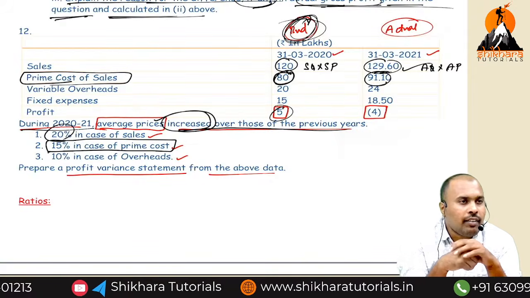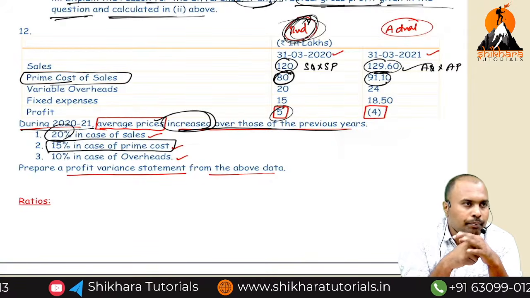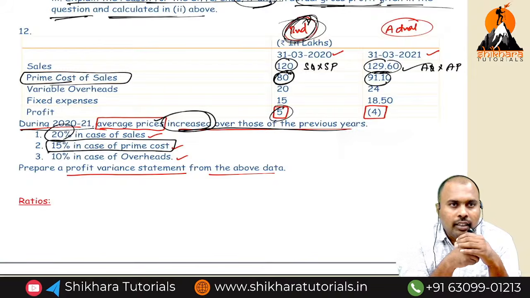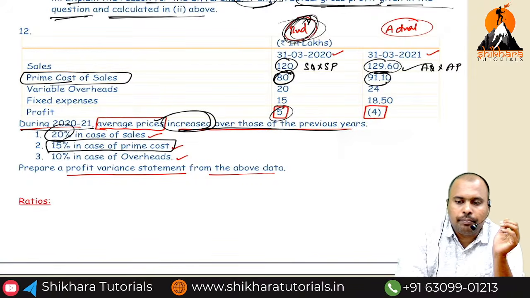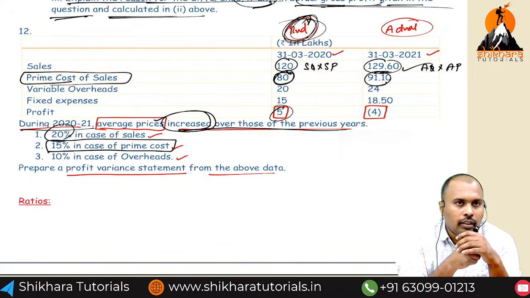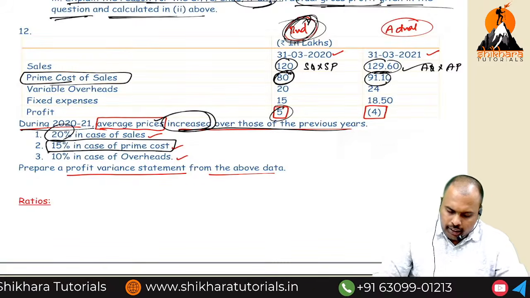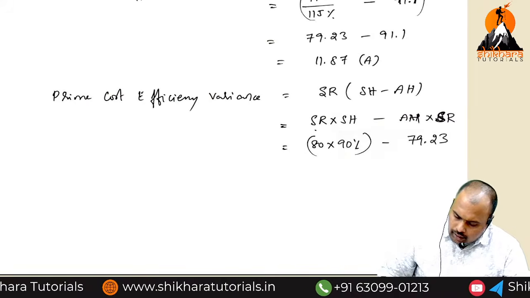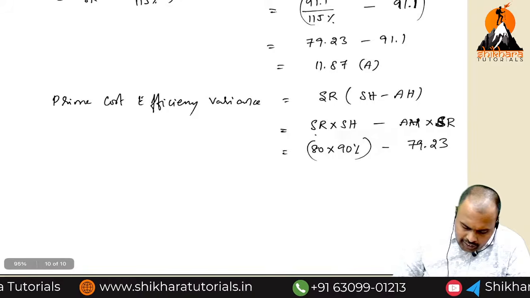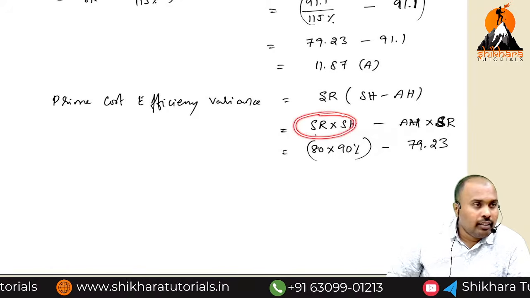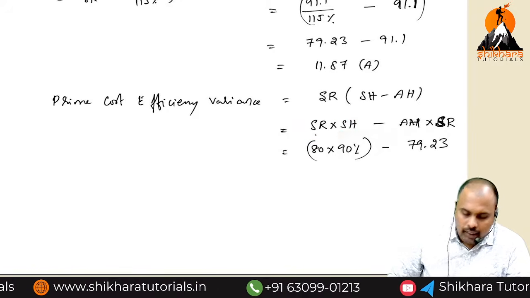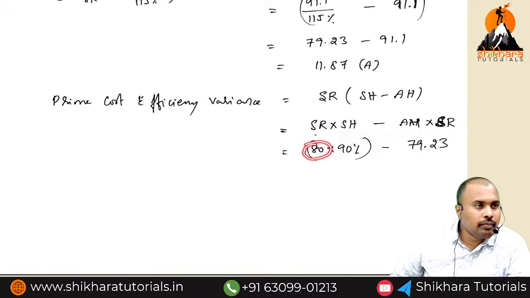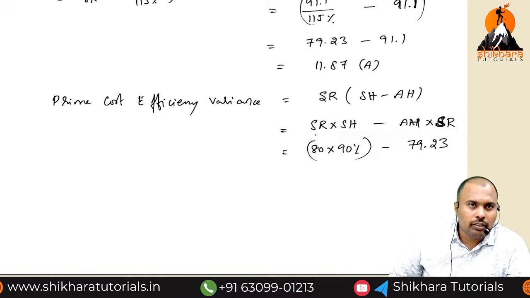And for sales variances, standards and budgets are same. Budgeted quantity and standard quantity will be same. Clear? So if you can understand that point, then what is SH into SR means? This is standard cost. 80 is the budgeted cost.